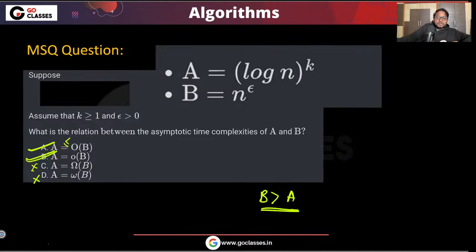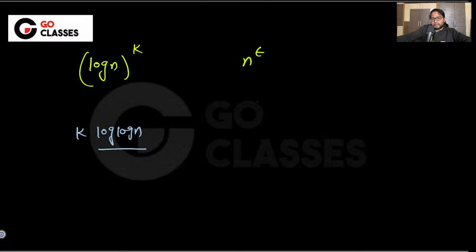How to prove this? You can definitely prove this using log. See, log n power k and n power epsilon. Which one is greater? You take the log, it will be k log of log n, and it will be epsilon log n. These are constants, let's not worry about it.